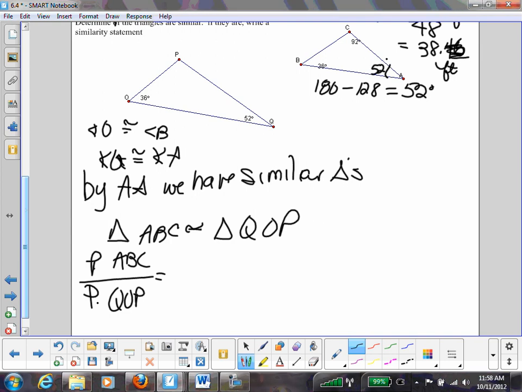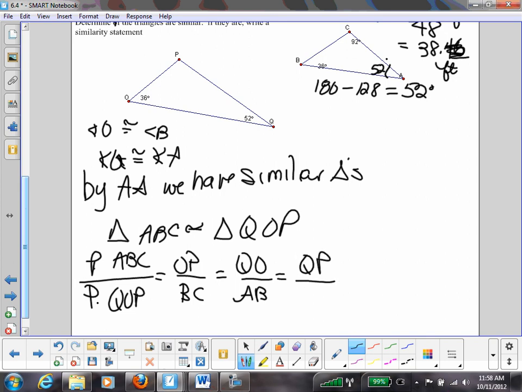Okay, and so the scale factor could be OP over BC, which is equal to QO over AB, which is equal to, so we got to start with this one again, QP over AC.